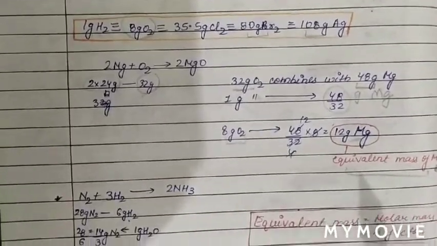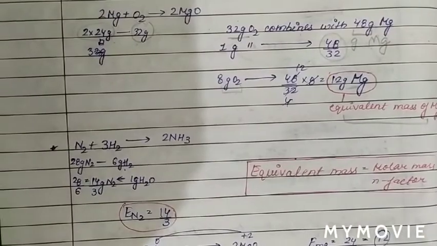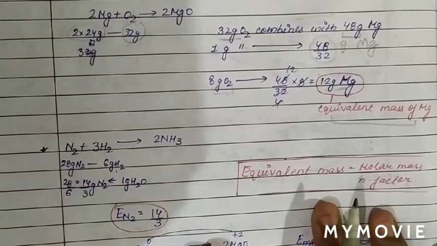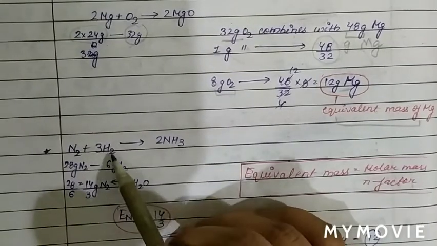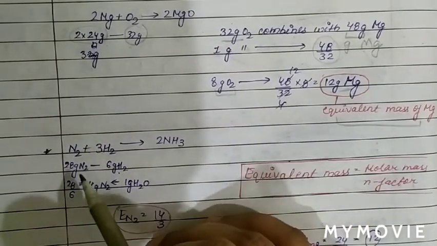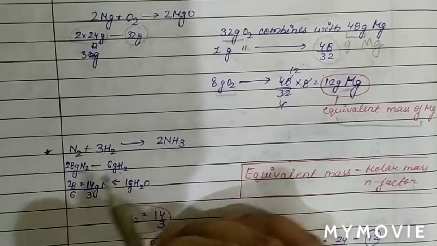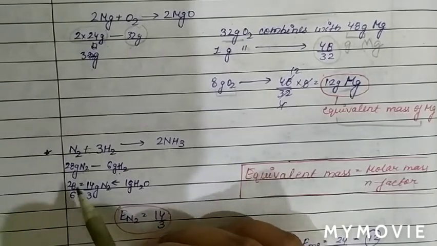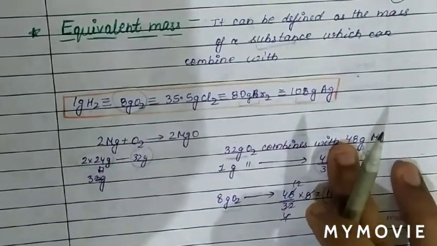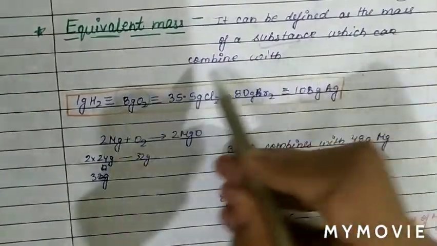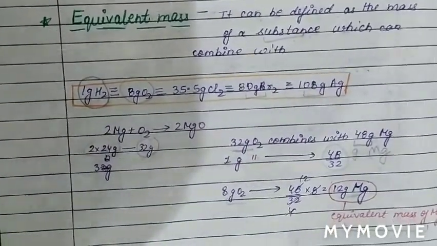See the case of nitrogen. When nitrogen combines with hydrogen, forms ammonia. As we can see that 6 gram of hydrogen combines with 28 gram of nitrogen. As according to definition, equivalent mass of a substance is the mass of substance which combines with 1 gram of hydrogen.